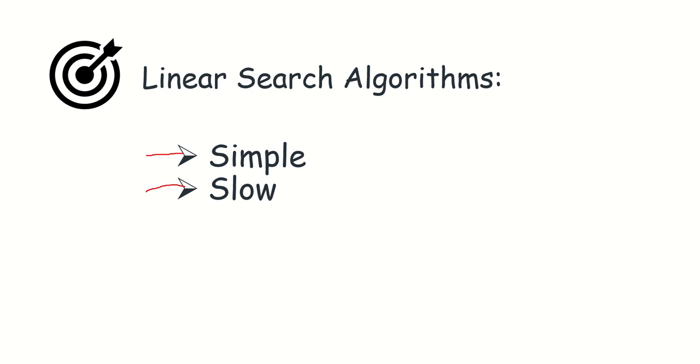As I mentioned, we have to start from the first one and check the elements one by one, going through each element of the list until the desired element is found. Otherwise, the search continues till the end of the data set or the array, as we showed in our example. This is the principle of the linear search algorithm.